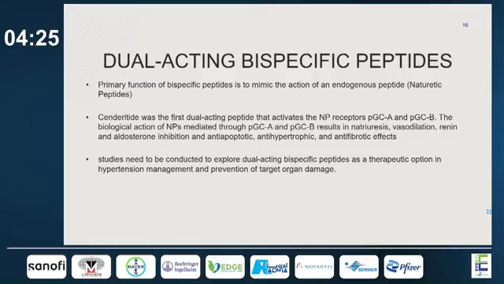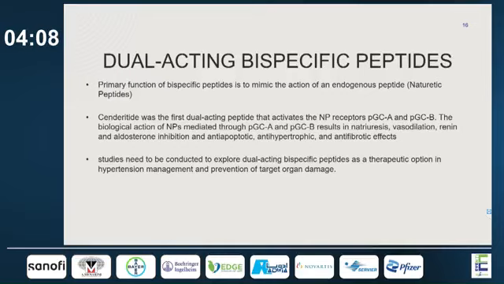Dual-acting bispecific peptides are another group of drugs, and the primary function is to mimic the action of the endogenous peptides and natriuretic peptides. So they are drugs similar to the natriuretic peptides that are naturally present in the body.